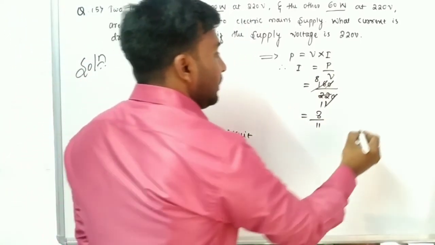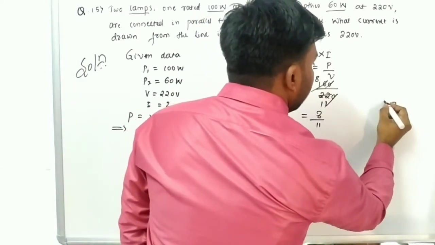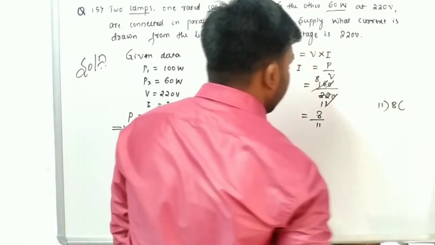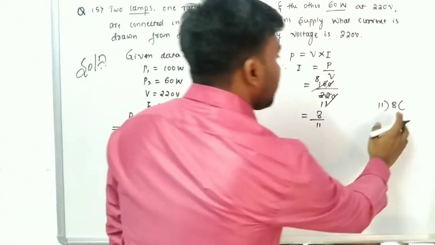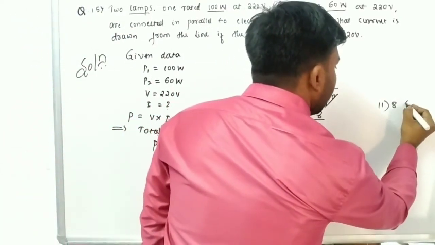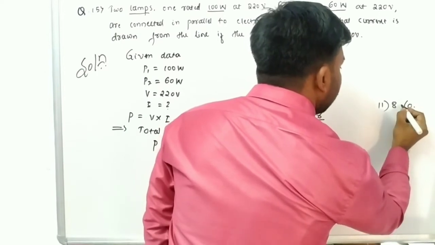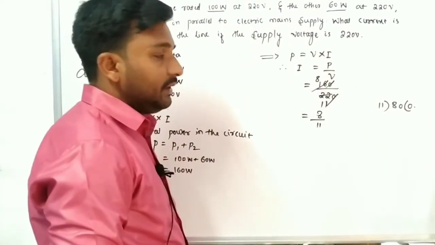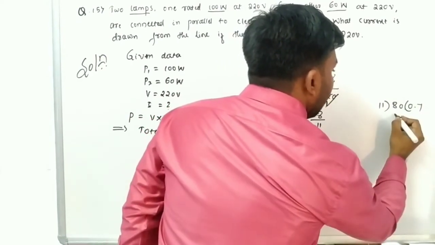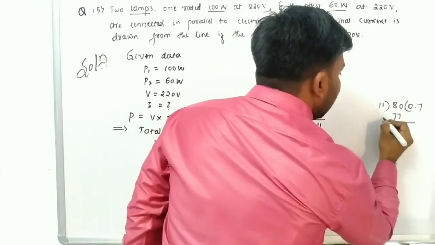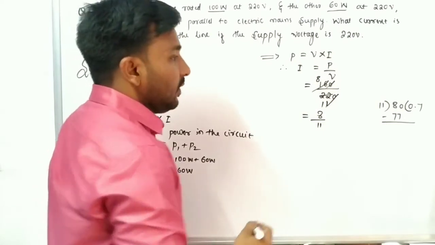Simplify this one. 8 should be divided by 11. So take a 0, it is 80, and 11 sevens are 77.